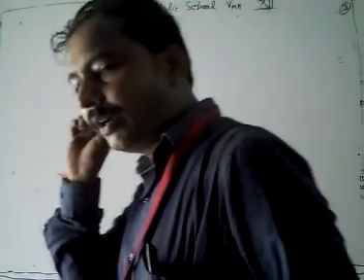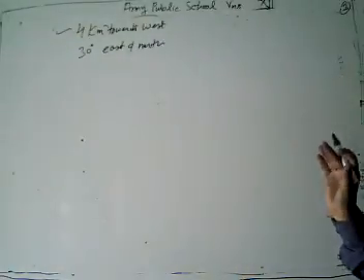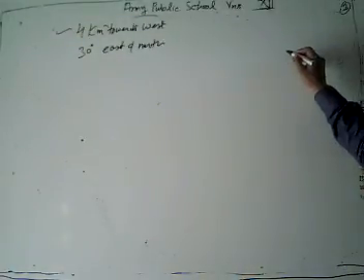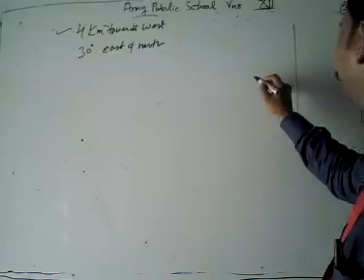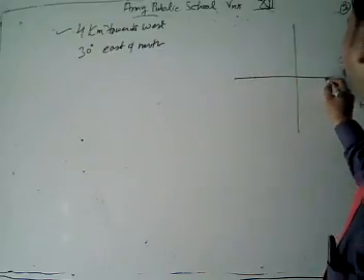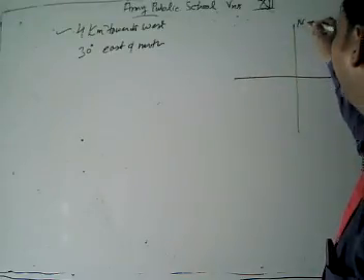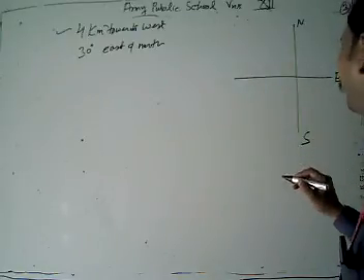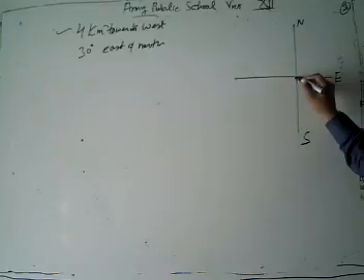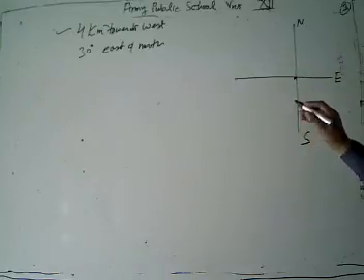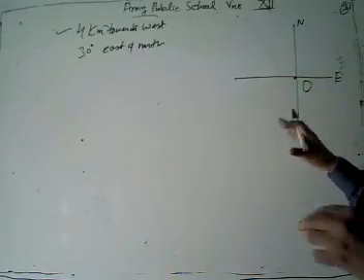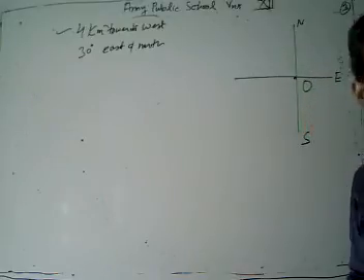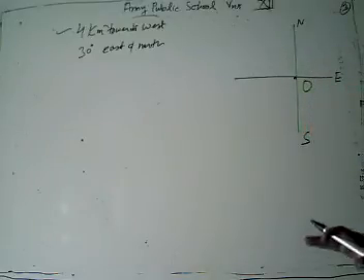First of all, we are going to draw a rough diagram. Look what we have. Here is our north, this is our east, here our west, and we have south. Now just suppose this is our initial point, take O. From O the girl departs, and she walks 4 kilometers towards west.